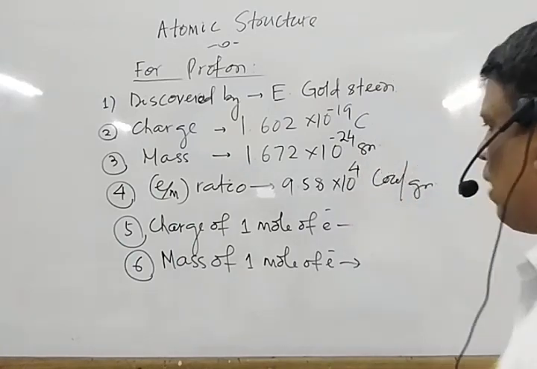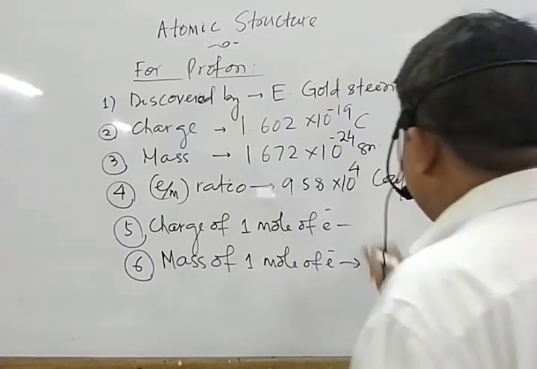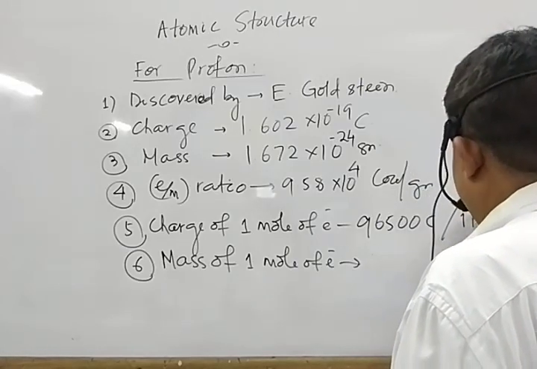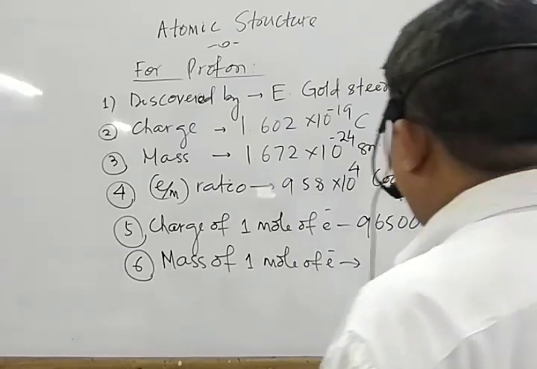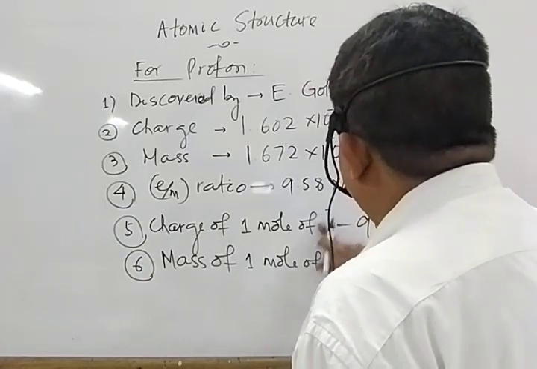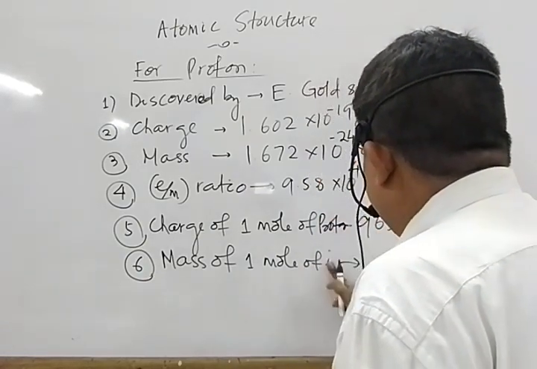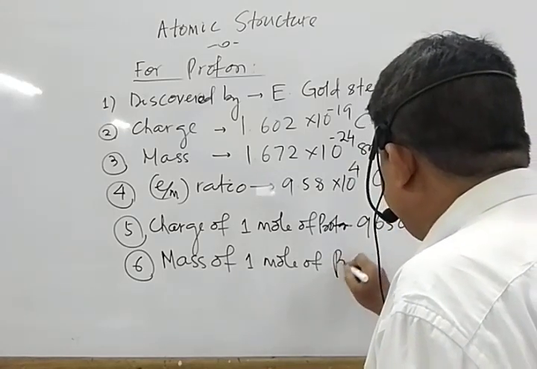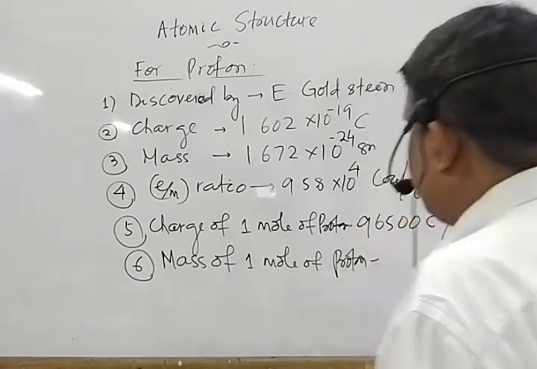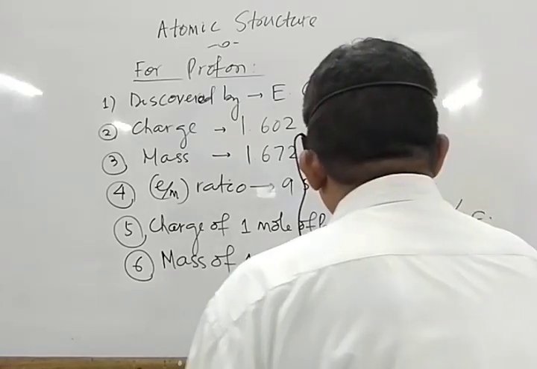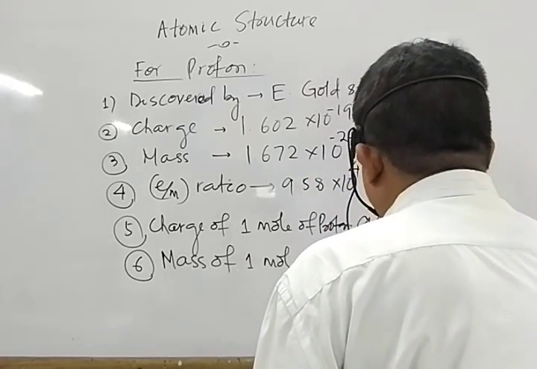Then the charge of 1 mole of proton is nearly equal to 96500 coulomb, or 1 Faraday. Then the mass of 1 mole of proton is nearly equal to 1.007 gram.